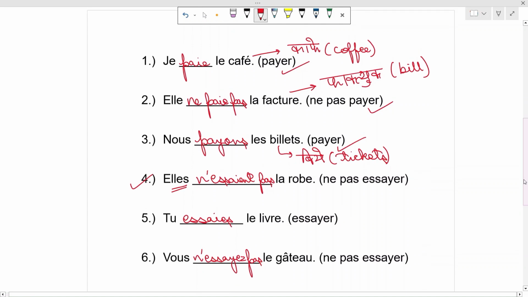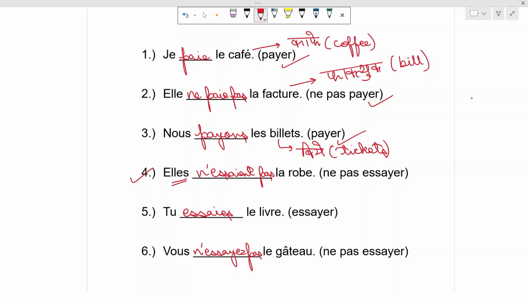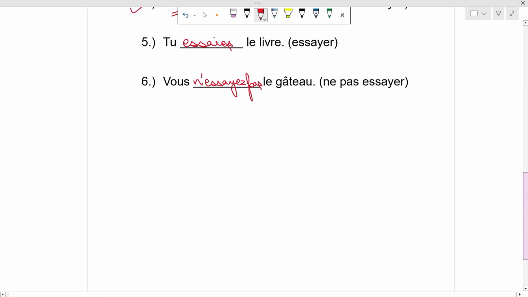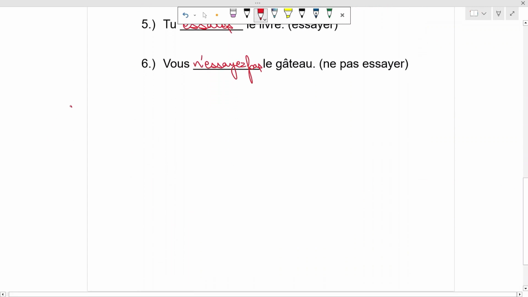So these are the 6 sentences. I hope you have understood the formation and the structuring of the sentences, both in the negation and affirmation, by the use of these YER ending verbs, payer and essayer. So I'm giving you 3 verbs for the purpose of practicing the conjugation of YER ending verbs. Envoyer, which means to send.